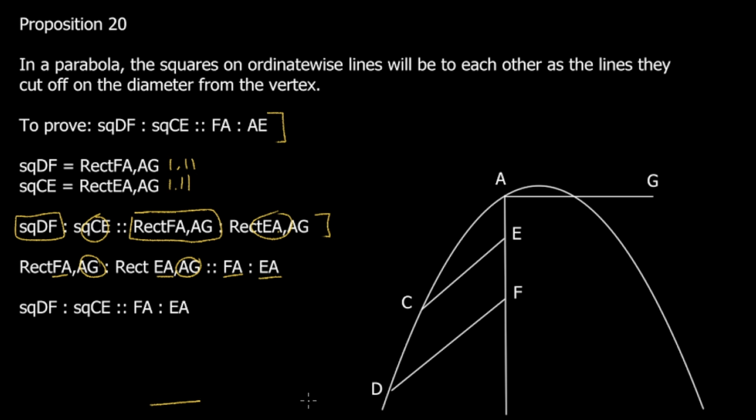Sorry, I kind of messed up that explanation. But anyway, as FA is to EA, FA multiplied by this same height is to EA multiplied by that same height. So I'll put Euclid, I think it's 6-1.